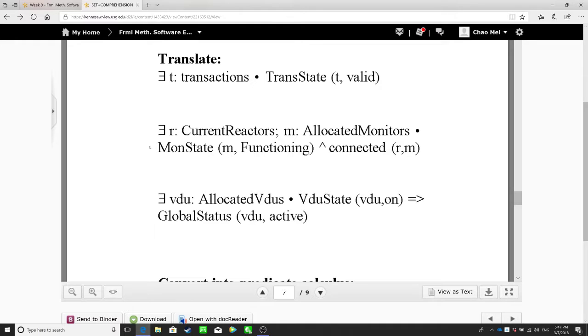Try to translate those two things into natural language. Okay. So put your pen down when you finish so that I know how many of you have finished.